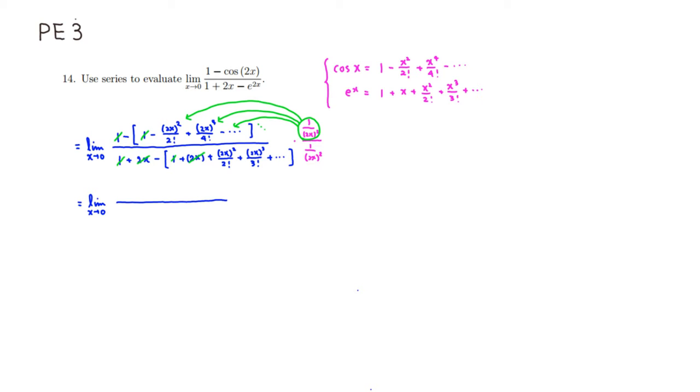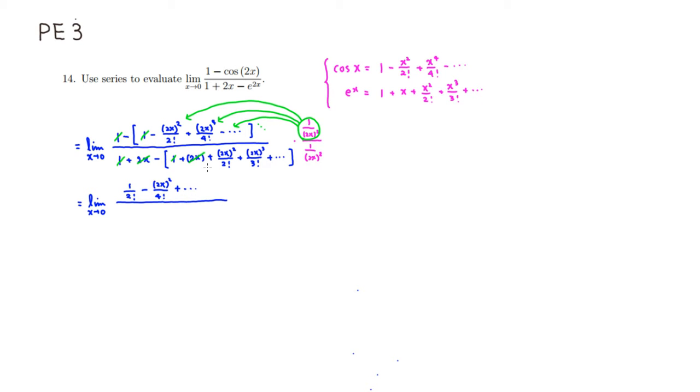You have a double negative, so it's positive, and 2x squared cancels out, so you get 1 over 2 factorial. The next one has a negative sign, and 2x squared cancels out, leaving another 2x squared over 4 factorial. I think we've seen enough. The next one is positive, and so on.